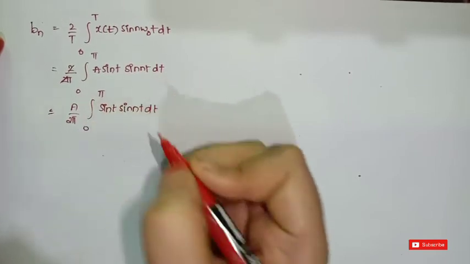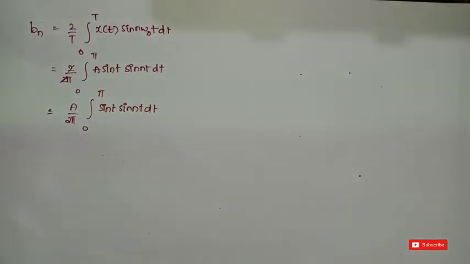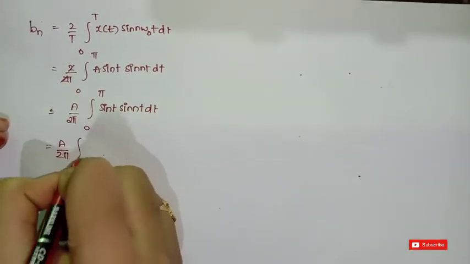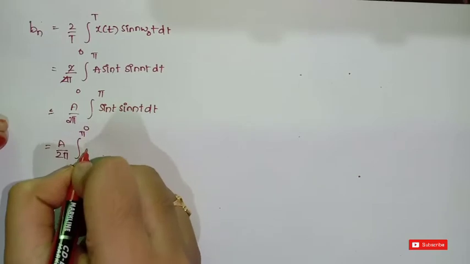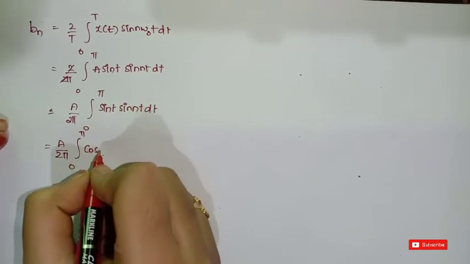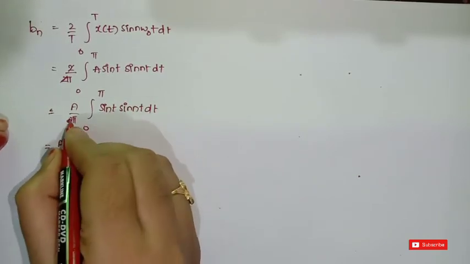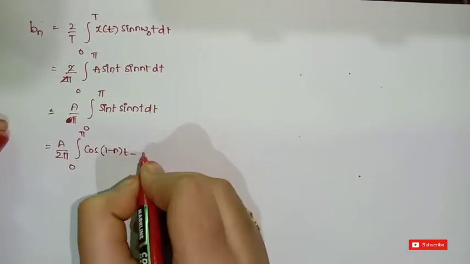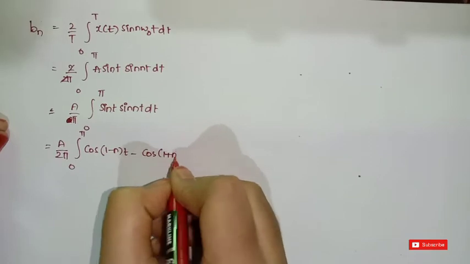It is of the form sine a sine b, so it can be written as 1 by 2 into cos a minus b minus cos a plus b. A by 2 pi integral 0 to pi cos 1 minus n into t minus cos 1 plus n into t dt.